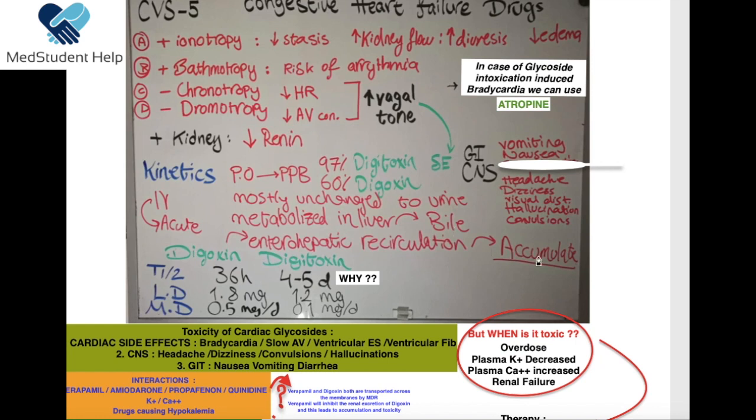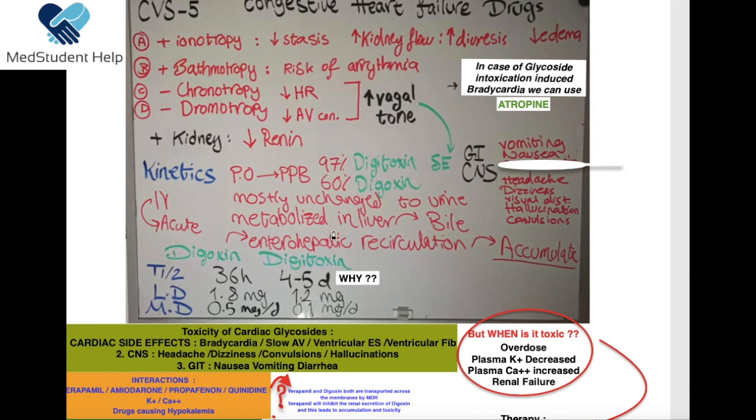Now, why is that? The digitoxin, when it's metabolized in the liver, it is going to be by conjugation with the glucuronide. So it is a process called the glucuronidation. Okay?